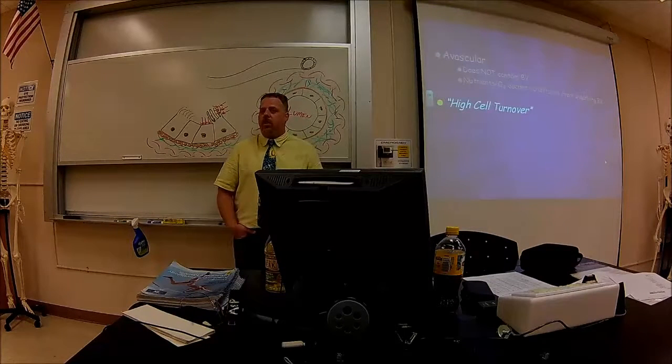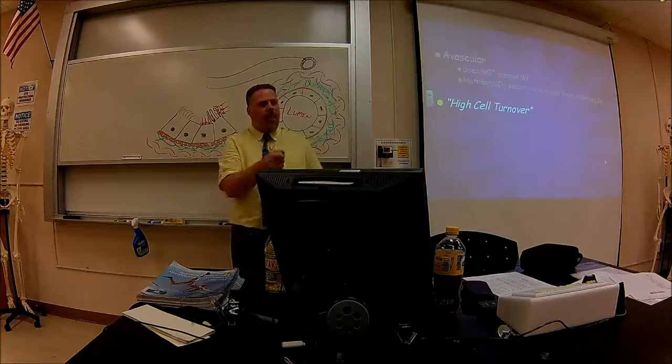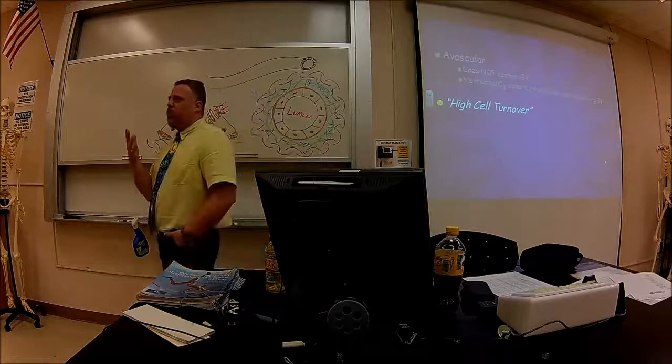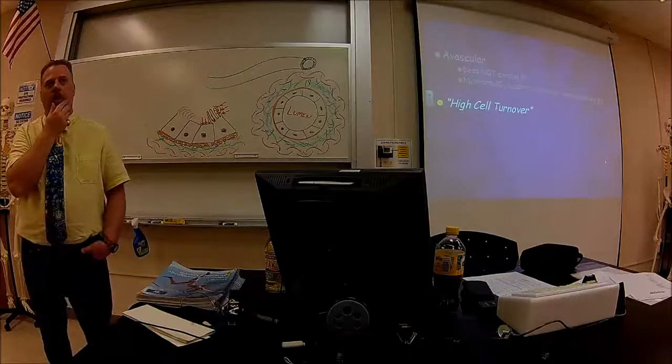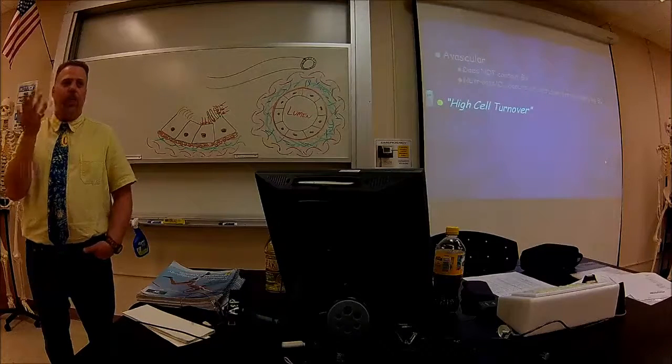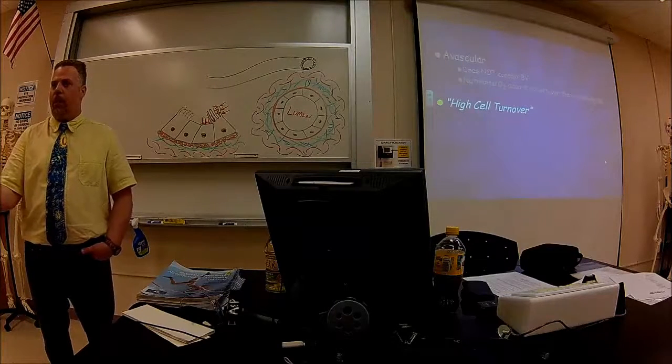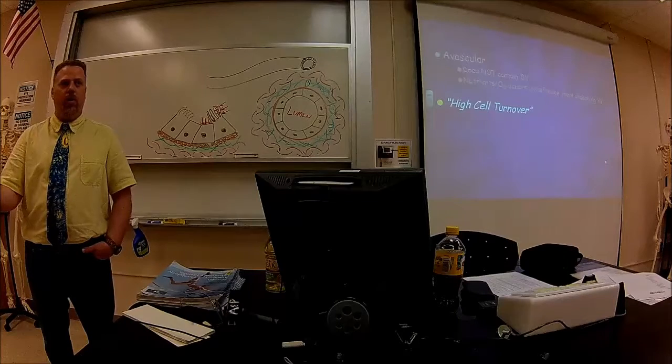The significance of knowing that it has a high cell turnover: if I want to make 1 copy of your test upstairs on the Xerox machine, what's the chances that something's going to go wrong with that 1 copy in the machine? High chance or low chance? Low chance, right?